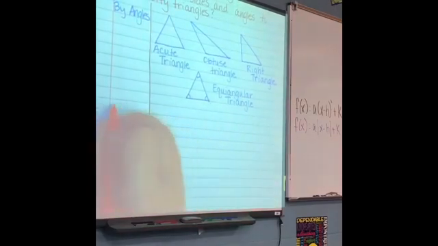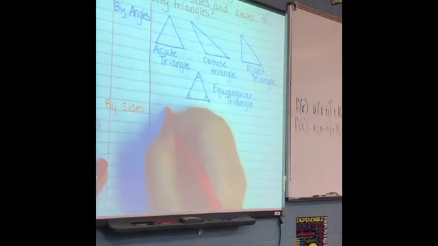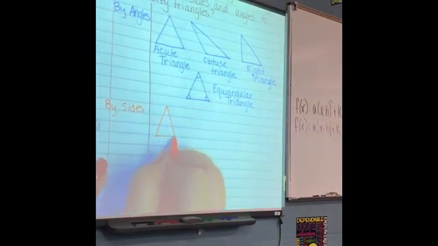And then by sides, if we have two sides that are the same measure, we call that an isosceles.